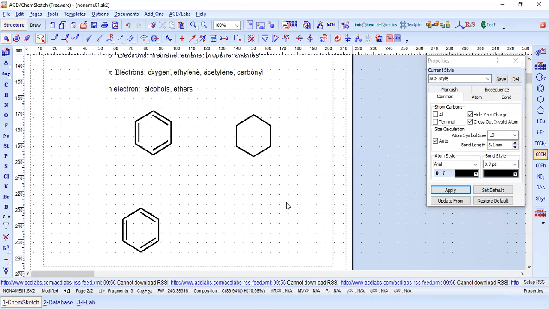What type of transitions will it undergo? The benzene ring will undergo pi to pi star, and oxygen has n electrons, non-bonding electrons. Non-bonding electrons mean there is a chance for n to pi star also. That means benzaldehyde will be undergoing two transitions. What are those transitions? The n to pi star electronic transition and the pi to pi star electronic transition.